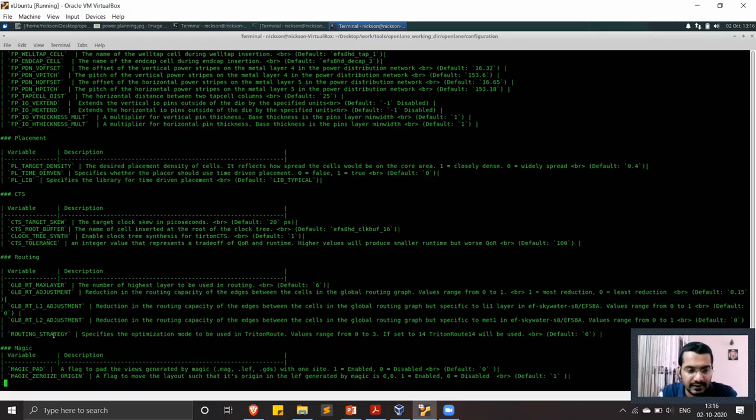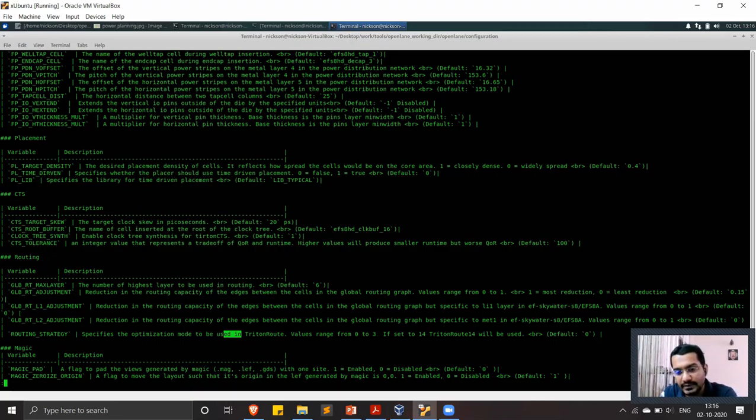We will focus on the routing strategy. There are four routing strategies: 0, 1, 2, 3, and 14. If you can see here, the routing strategy specifies the optimization mode to be used in TritonRoute. TritonRoute is the engine that is used for the routing.